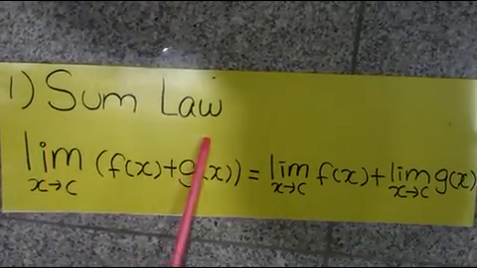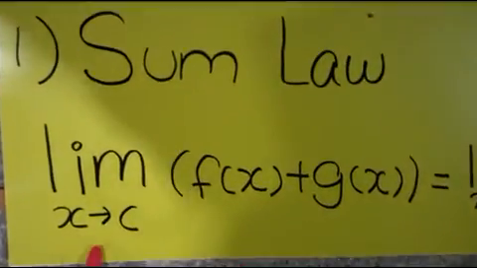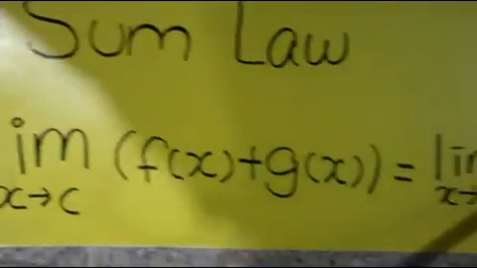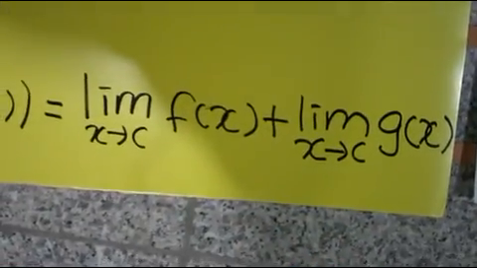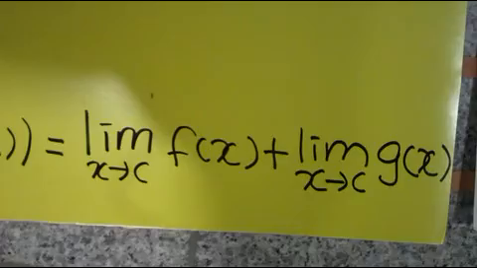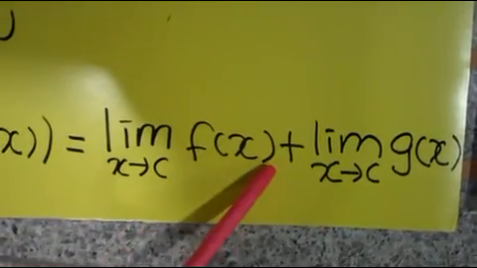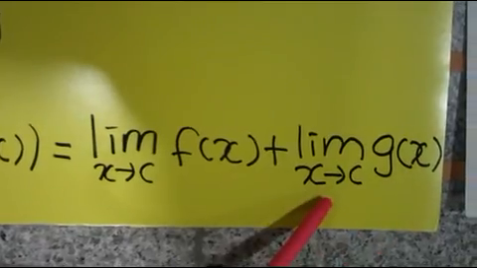First, the sum law. The sum of f(x) and g(x) inside a limit can be separated. So, the limit of f(x) plus g(x) as x approaches c equals the limit of f(x) as x approaches c plus the limit of g(x) as x approaches c.